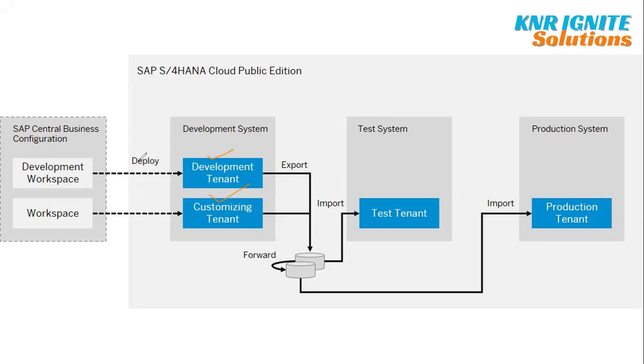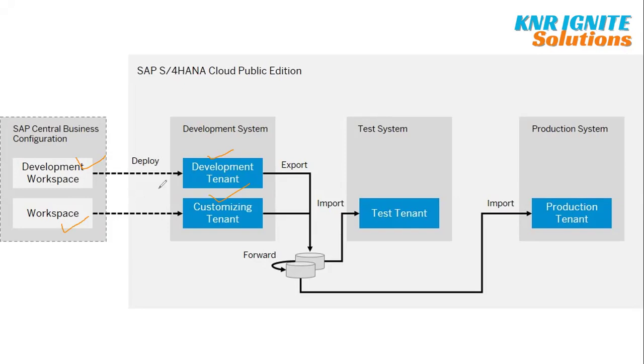All these clients will receive all the configuration from your SAP CBC, where central business configuration happens in central development workspaces. From these workspaces, it will be deployed to your development system first. From there, we export to one central place. From there, it will be imported to your test system wherever you require.